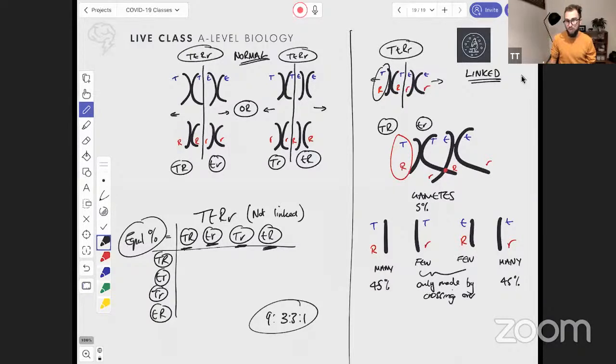So if we actually do our cross, nearly all of them are going to come out as the parents were. So we're going to get most of them. Going to ratios, it's basically going to behave like they're one gene because they are on one chromosome. They're more likely to be inherited a bit more like a monohybrid because effectively they stay together.